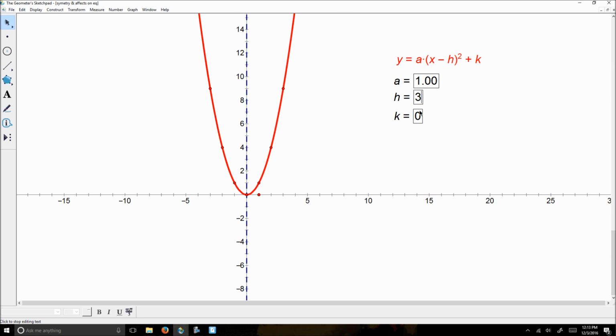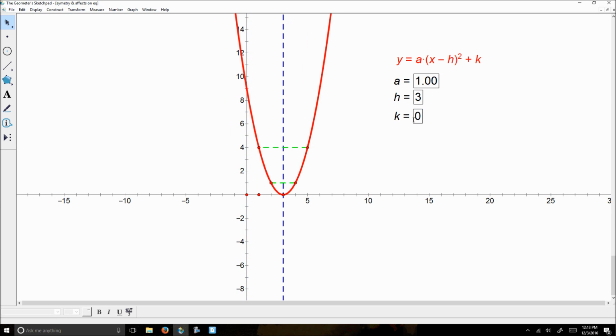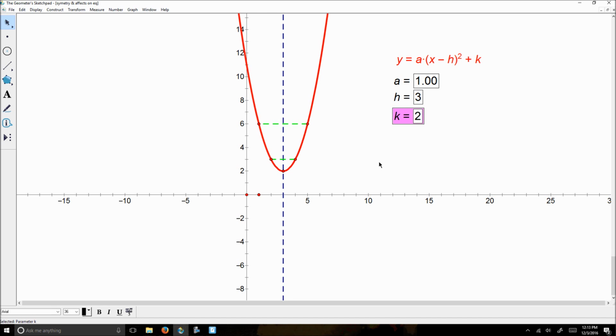If I change h to 3 and k to 2, I see that the vertex has moved to the point 3, 2, and the points on either side of the graph are symmetric, meaning they match up with each other directly on either side of that axis of symmetry. So as a shortcut for graphing parabolas, we need to only graph the points to one side of that axis of symmetry, and then we will have the symmetric points to the other side.